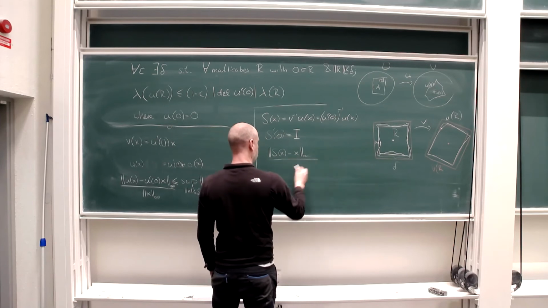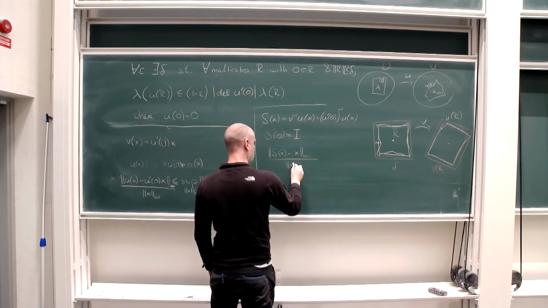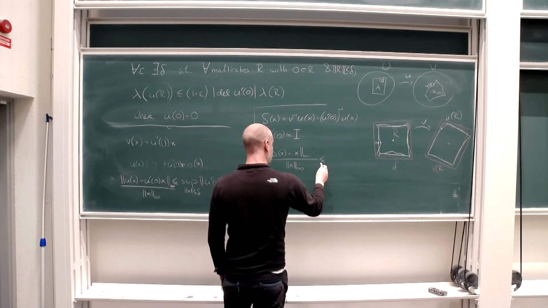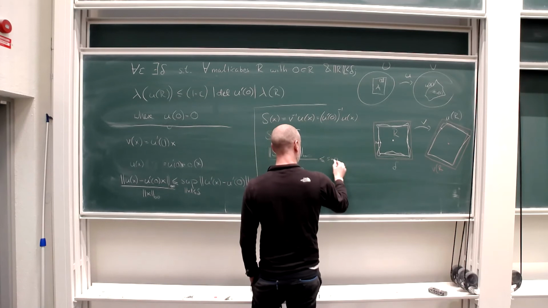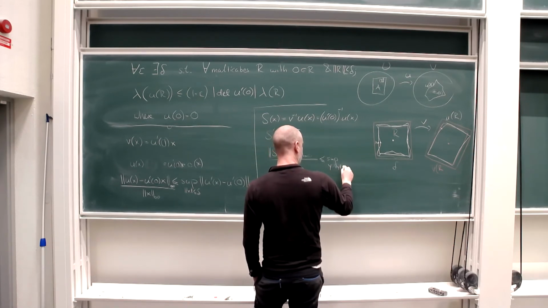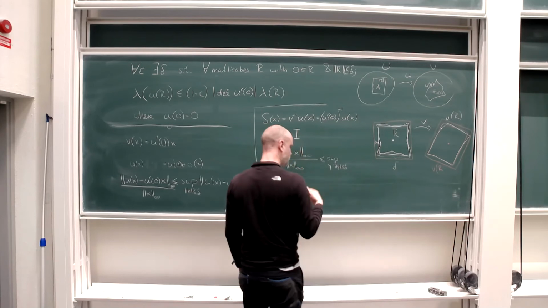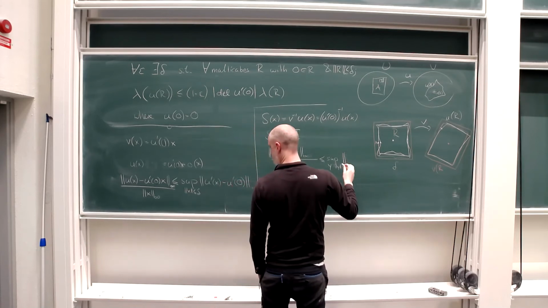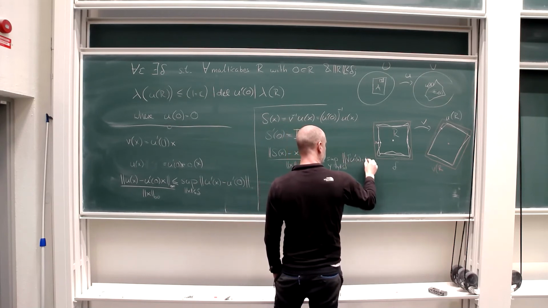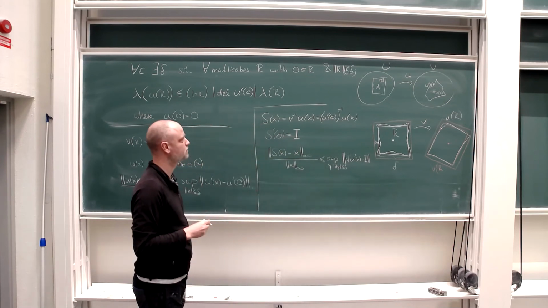Now this infinity norm divided by norm of x infinity is less than or equal to the supremum of, let me change variable here, so y such that y is less than delta. Right, so we have this.